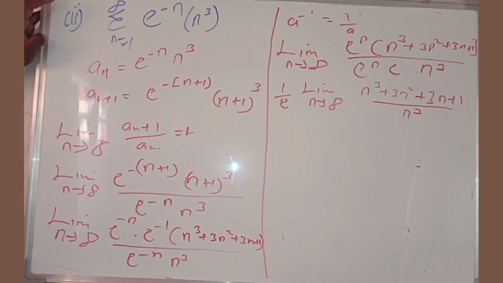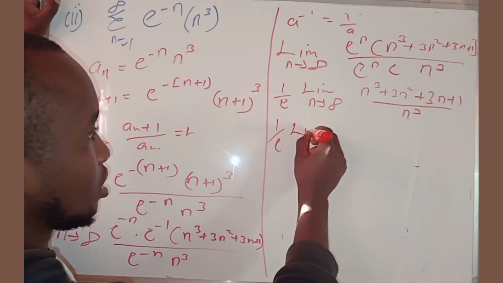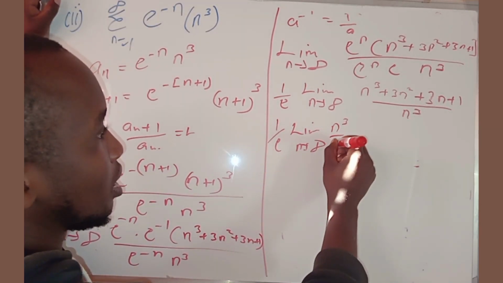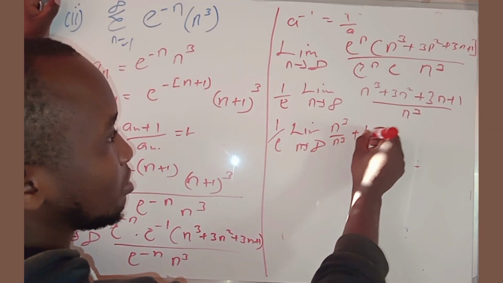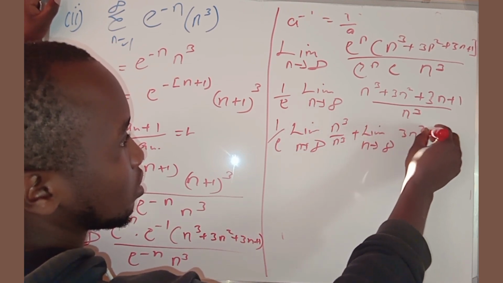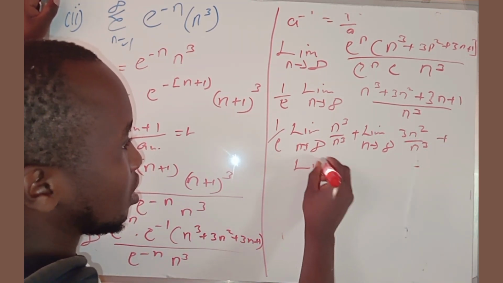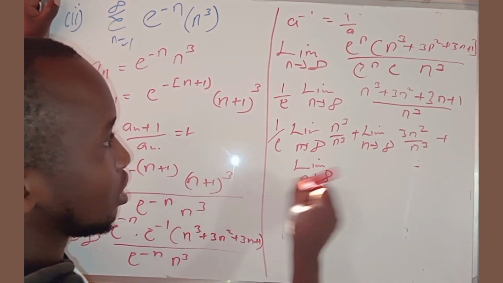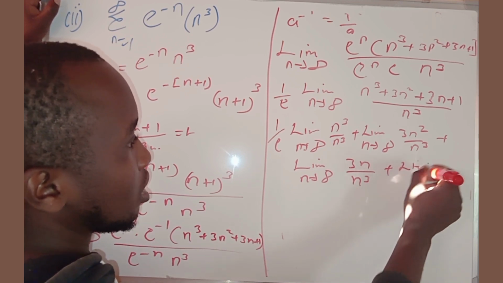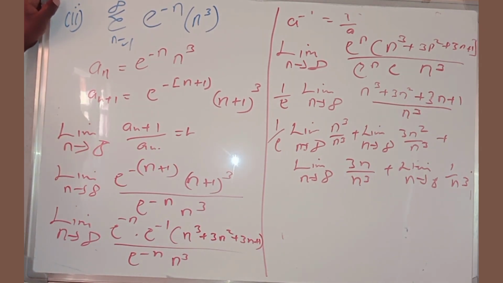So this is equal to 1 over e, times the limit, you separate, n cubed divided by n cubed plus the limit as n approaches infinity of 3n squared divided by n cubed plus the limit of 3n divided by n cubed plus the limit of 1 over n cubed. Are we together?